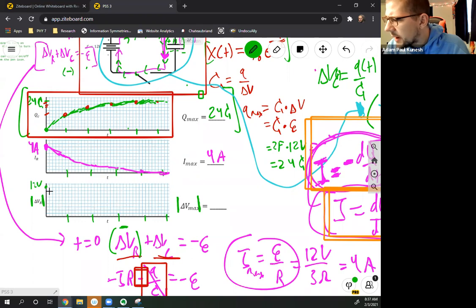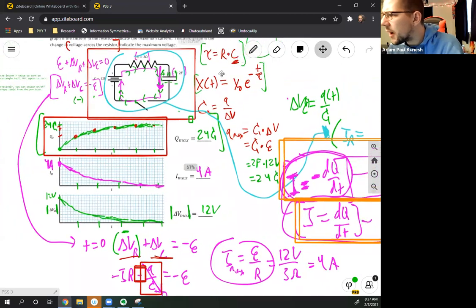Over time, that current becomes less and less and less, and I drop to 0. So again, here's my first half-life, next half-life, third half-life, fourth half-life, and we're basically at 0. The maximum of the magnitude of the change in voltage across the resistor is just the battery voltage, 12 volts.